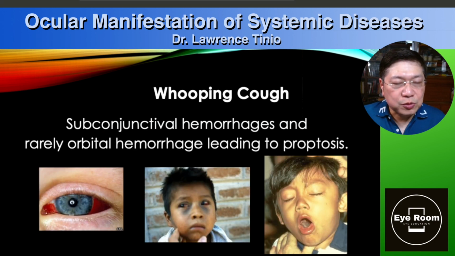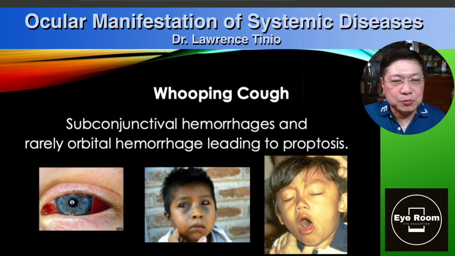Now, patients with whooping cough would also present with some eye problems. For example, if they keep coughing, especially whooping cough, which is very, very loud coughing from the kids, you would have bleeding in the subconjunctival area that you can see on the picture on your left, and sometimes orbital hemorrhages, and sometimes it's bad enough that it's pushing the eye forward.